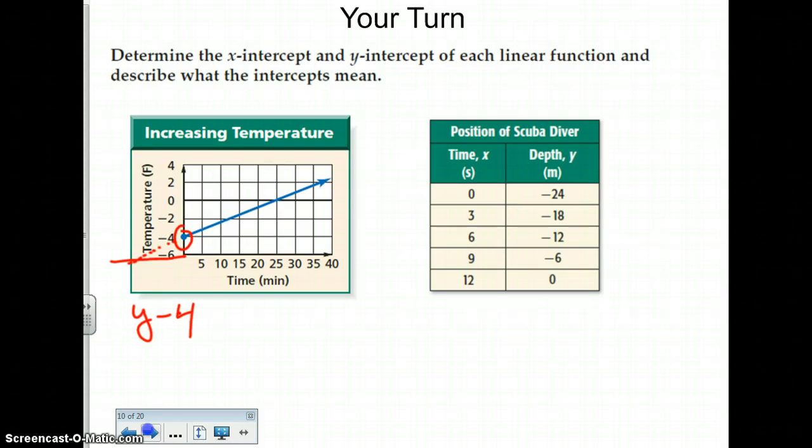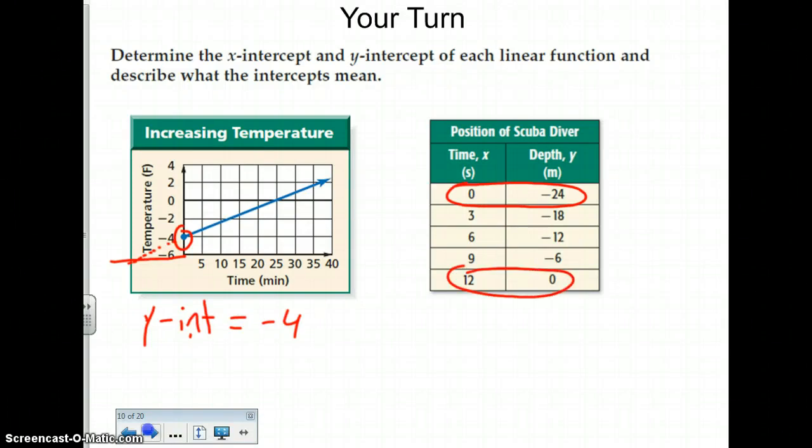And I should rewrite that as just y on that one. And that means that after 0 minutes, the temperature is -4. So at the start of our observation, temperature is -4.